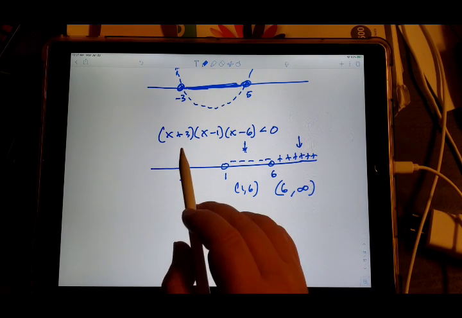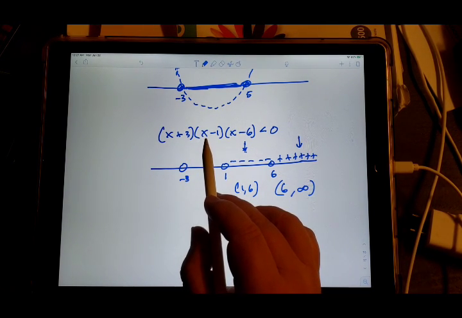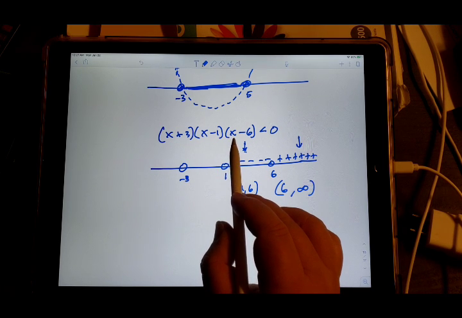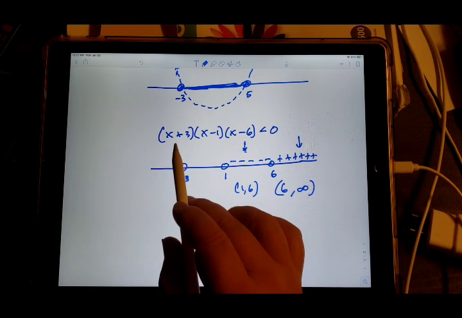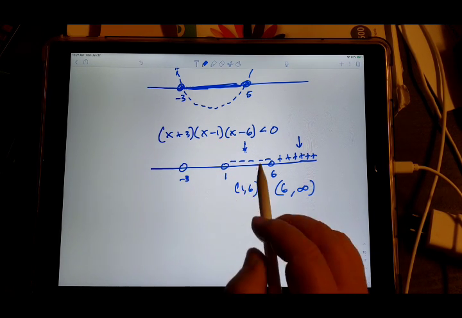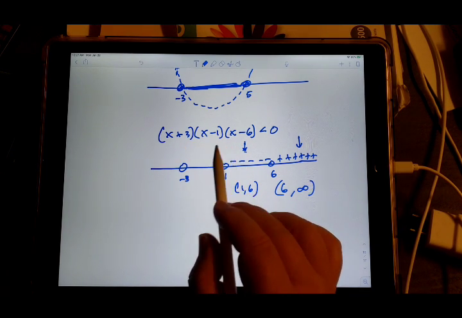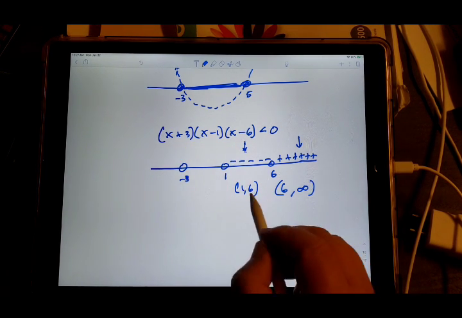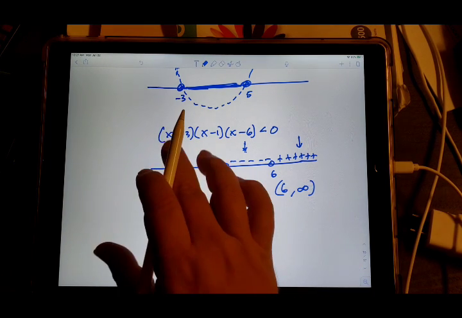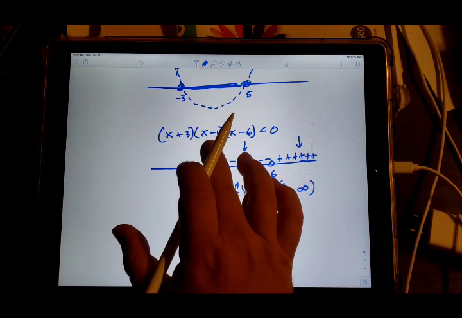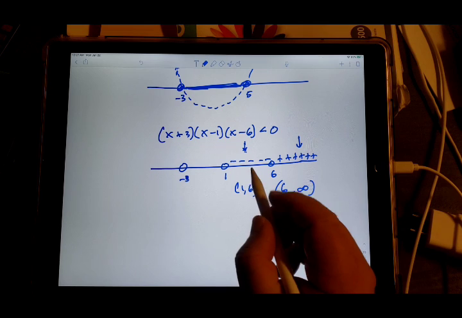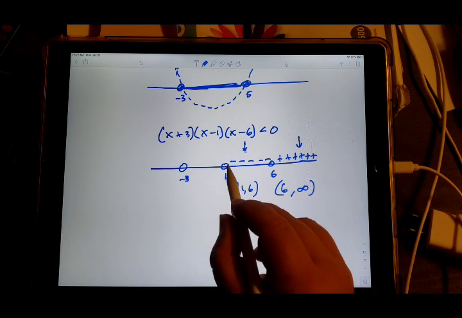If I pick 3, I'm going to get 6 times 2 times negative 3. So notice it's positive, positive, negative. That would have been true if I had picked 2. I would have also got positive, positive, negative. That's the whole point. Any number in here would make this one positive and this one negative. With one negative, it's negative.